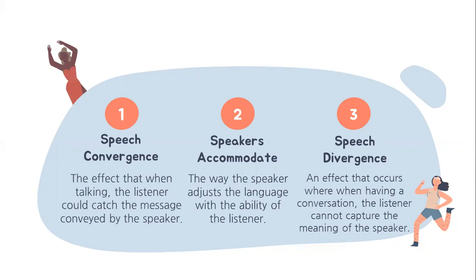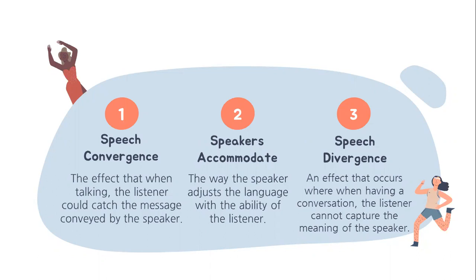Speech convergence is the effect that when talking, the listener could catch the message conveyed by the speaker. In other words, speech convergence is another word for connected communication, not miscommunication. To get speech convergence, speakers and listeners must have the same shared knowledge.